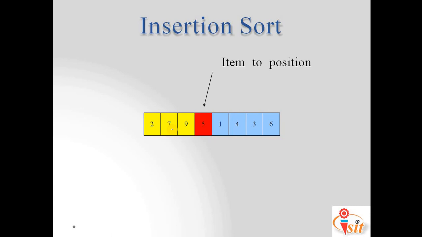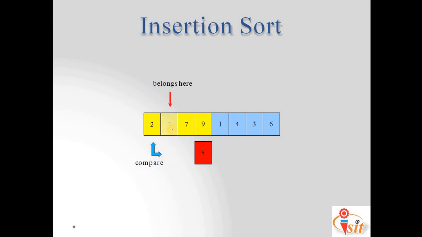Now we take the next item to be positioned, that is 5 from the unsorted subarray. We need to insert 5 in the proper position among 2, 7 and 9. First 5 is compared with 9, and 5 is lesser than 9. Again 5 is compared with 7, and 5 is smaller than 7.